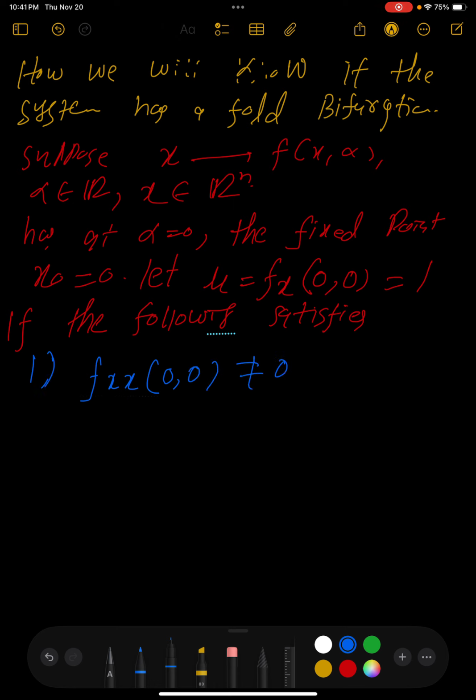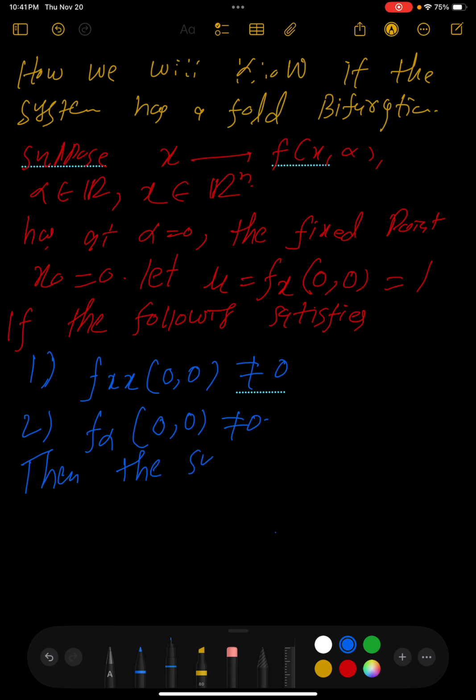And the second condition is that f_alpha, you take the derivative with respect to alpha at the alpha naught value and x naught value, should also be non-zero. Then the system has a fold bifurcation. Okay, fold bifurcation.